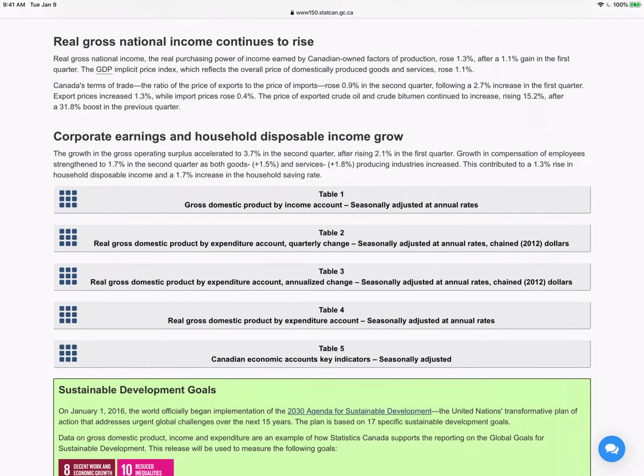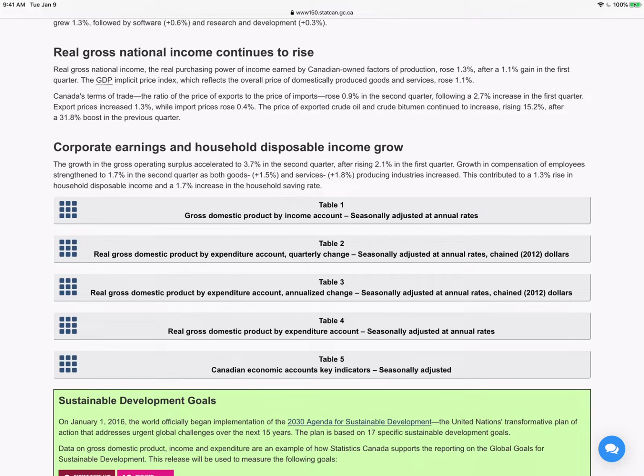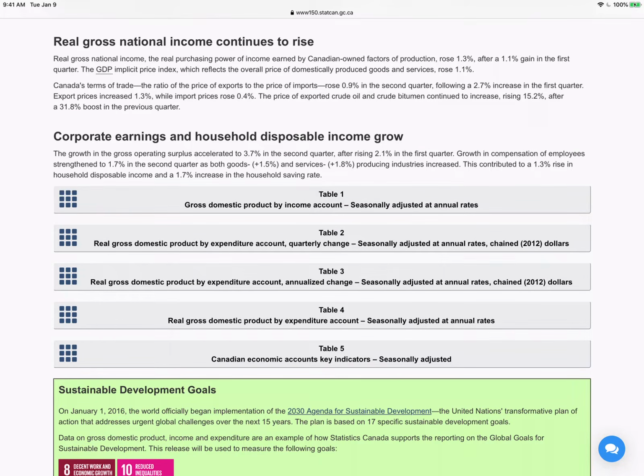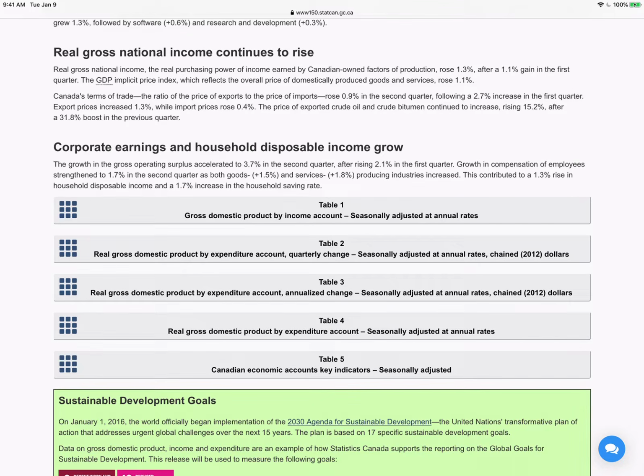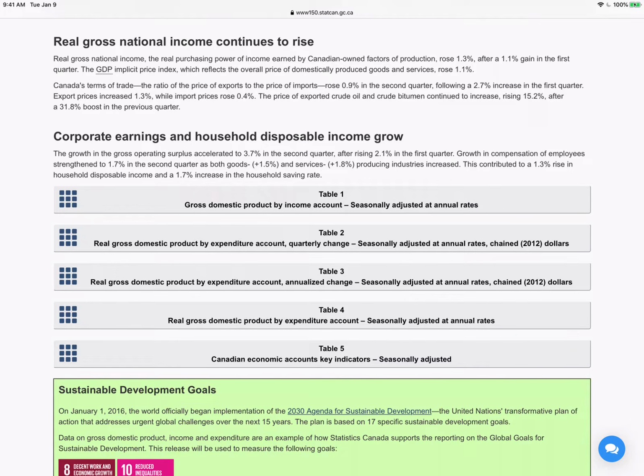When we look at these, we can see that table 2 and table 3 say chained dollars. So that tells us it's going to give us real GDP. Table 1 doesn't mention chained dollars. It actually gives us nominal GDP. So we can use these tables in Stats Canada to find real GDP, nominal GDP, income approach, or expenditure approach.